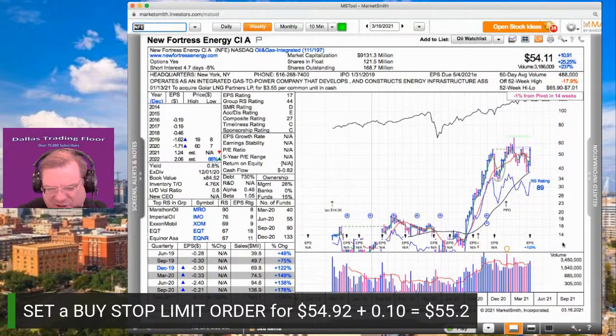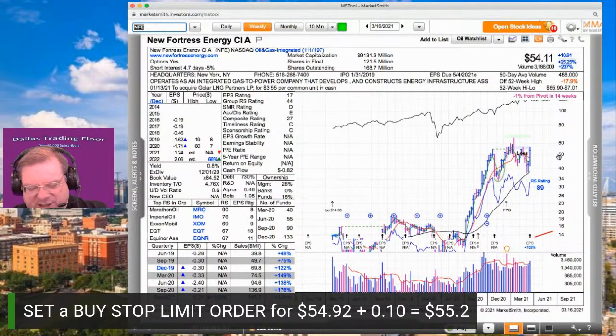It had excellent earnings per share, and this is probably what you want to do for tomorrow, by the way, because it had excellent earnings, up 103%. So here's how it's probably going to trade. It's probably going to pull back a little bit in the morning, but if it moves above this pivot point at 54.92, you want to buy it at 54.92 plus 10 cents, or about 55.20.